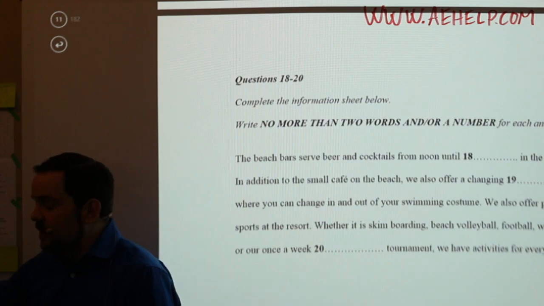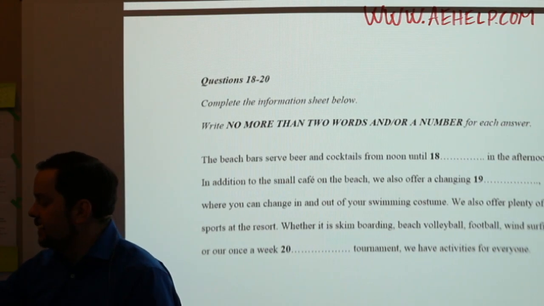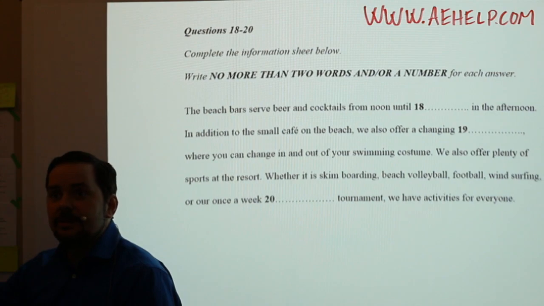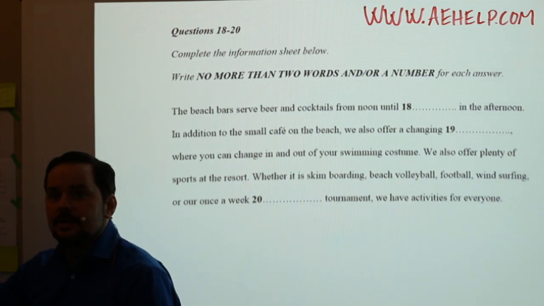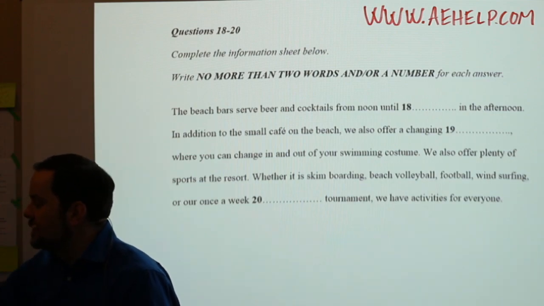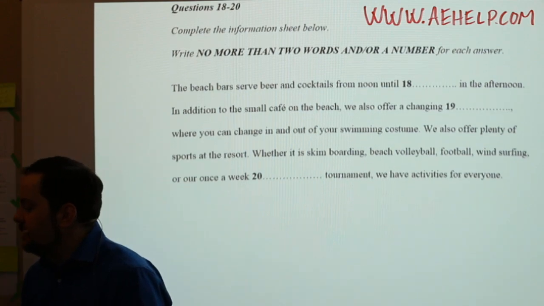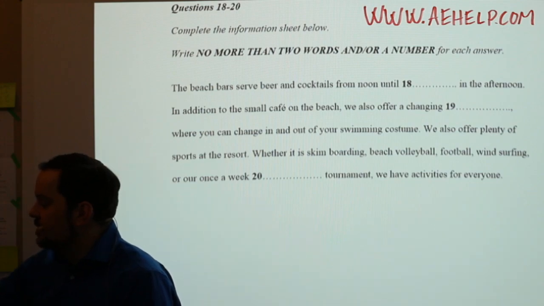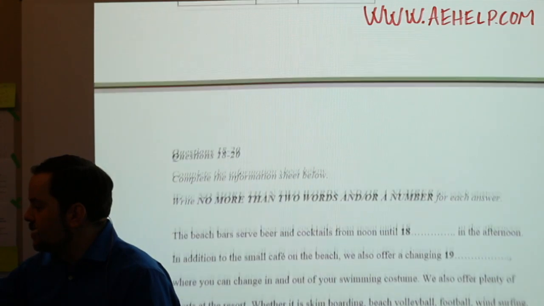Questions 18 to 20 are a fill in the paragraph type of question, and here we're asked for no more than 2 words and or a number in the blanks. The beach bars serve beer and cocktails from noon until the afternoon. In addition to the small cafe on the beach, they're also offering changing something where you can change in and out of your swimsuit or costume. There's skimboarding, volleyball, football, surfing.